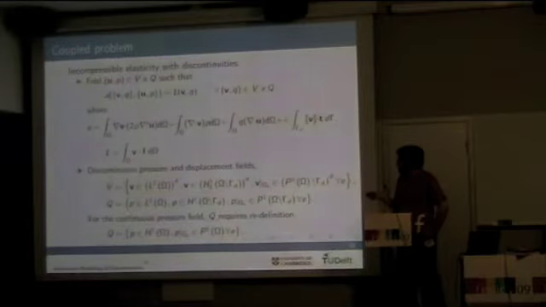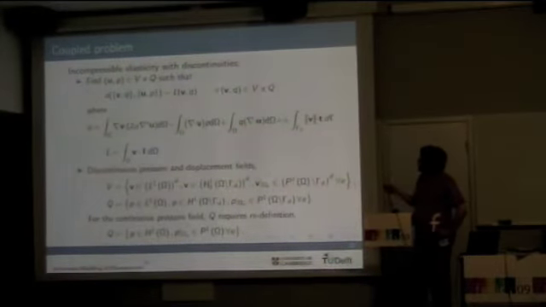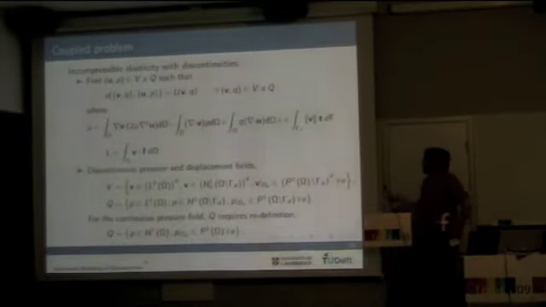We have just discontinuous displacement, and pressure is continuous. So now this is our linear form and bilinear form for incompressible elasticity. And as you see, these are all standard terms that we have. And this is the integration over our discontinuity surface.